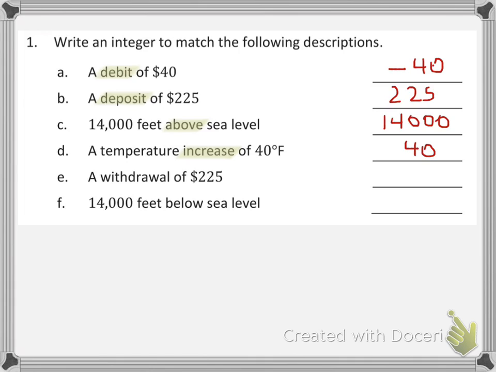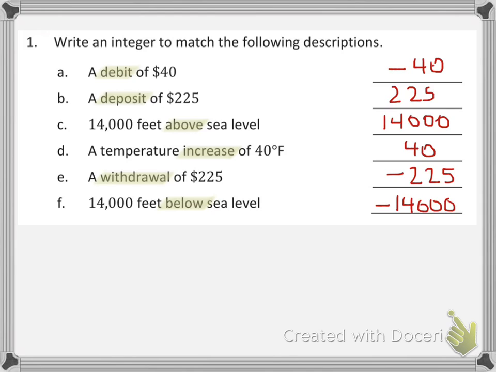That's our integer. A withdrawal. A withdrawal means you're taking money out of your account. That's going to result in a negative move in your balance. So this is going to be a negative 225. That is the integer. And then lastly, 14,000 feet below. Below means negative. So this is going to be a negative 14,000 feet.